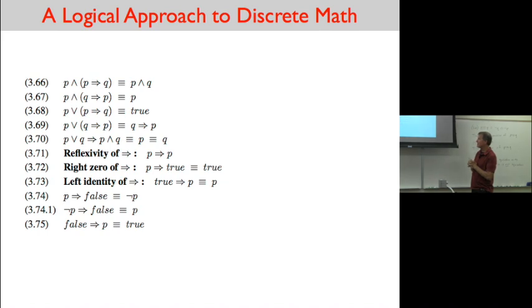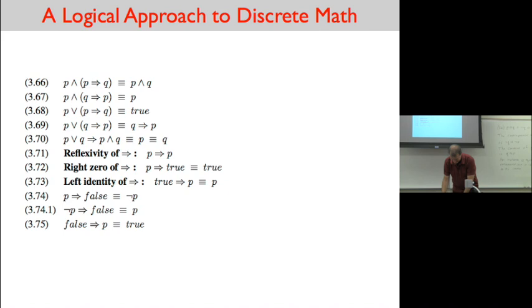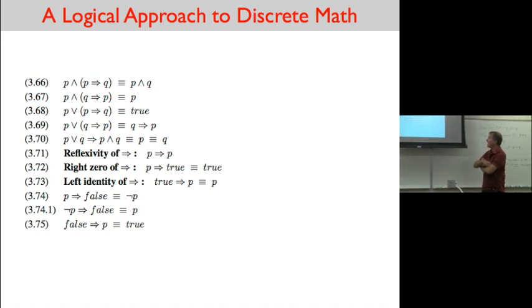And now we have 3.66, P and parentheses, P implies Q. Simple. P and, if P then Q, that makes sense, doesn't it? I did not assign that one.